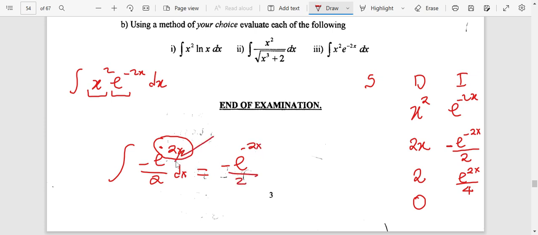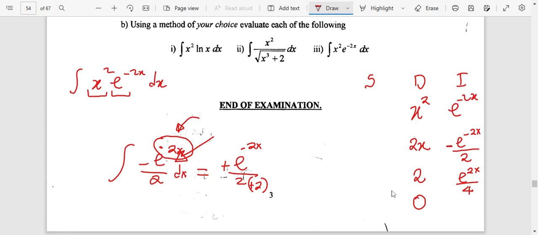You write this thing the way it is, and then divide by the same answer that you have gotten after differentiating. That's a negative 2. So this negative and this negative cancels. Then 2 times 2, that gives us a 4. That's the one you're able to see here. Is that okay? Is it clear now?